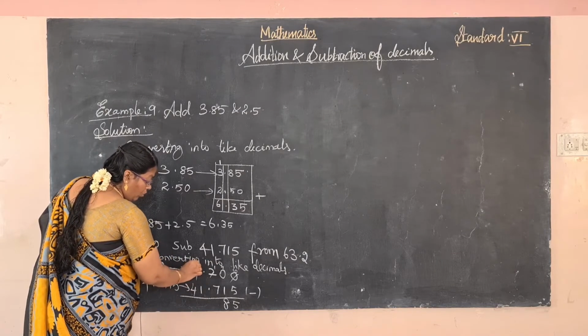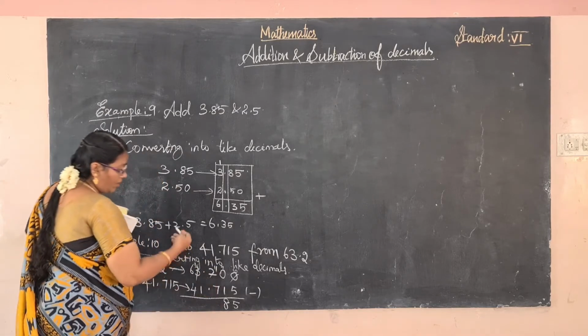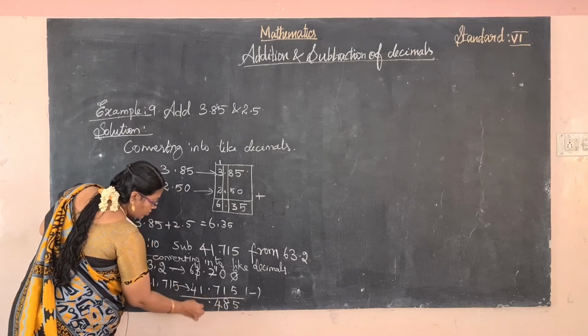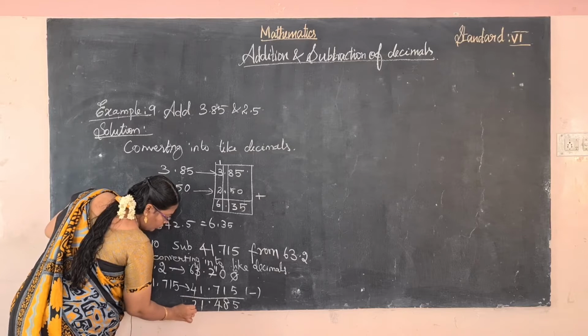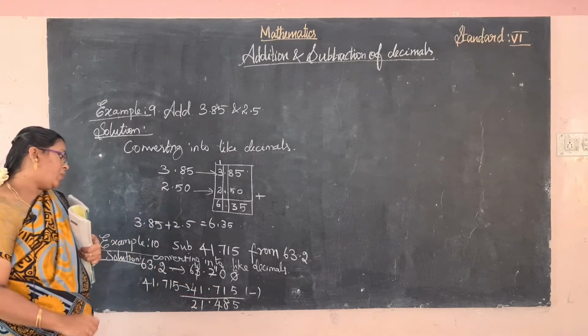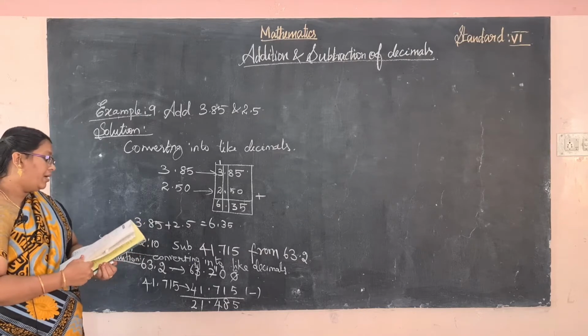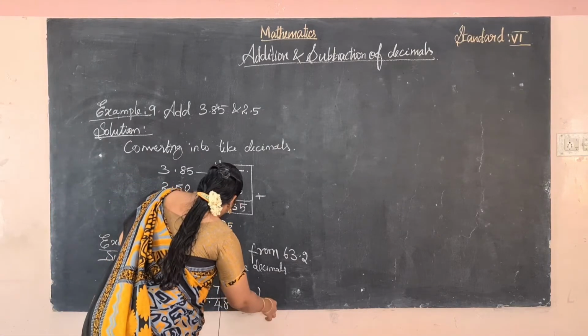Then 2, and here 11 minus 7 is 4, 1. 6 minus 4 is 2. So the answer for this problem is 21.485.